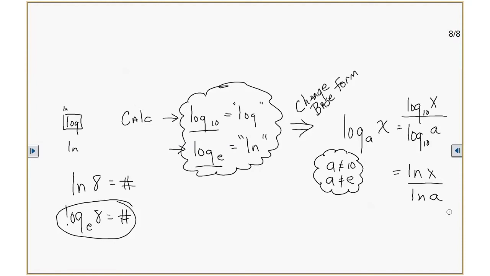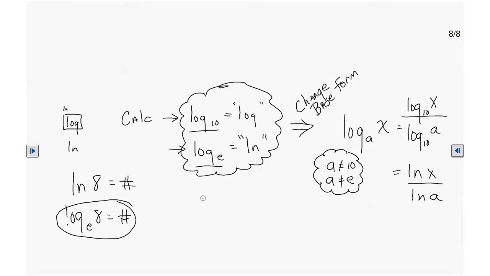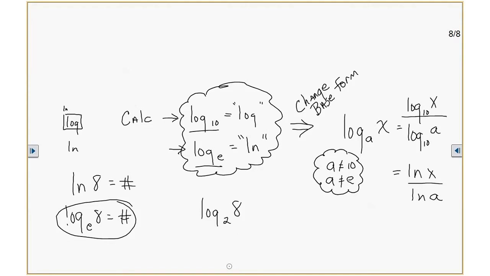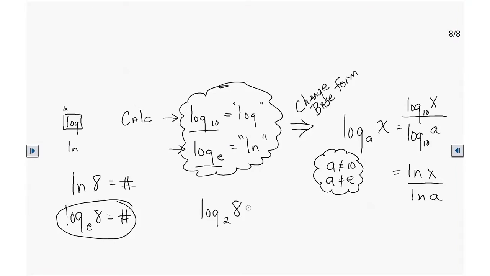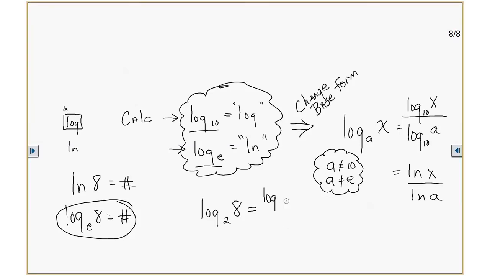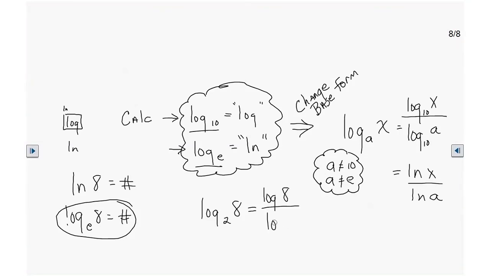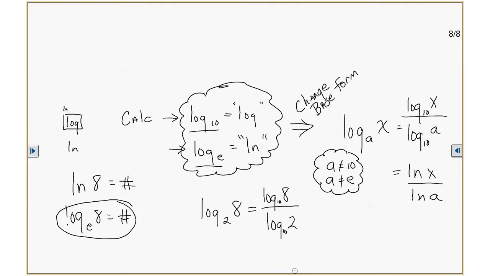So if I have, for example, log base 2 of 8, there's no way you can calculate that in your calculator. So what I do, I'm a LOG teacher, so I use LOG. I will use natural log in a homework problem, but if I start something out, I want to do the LOG. So log base 10 of 8 over log base 10 of 2. Now, why didn't you see me write that 10 there?